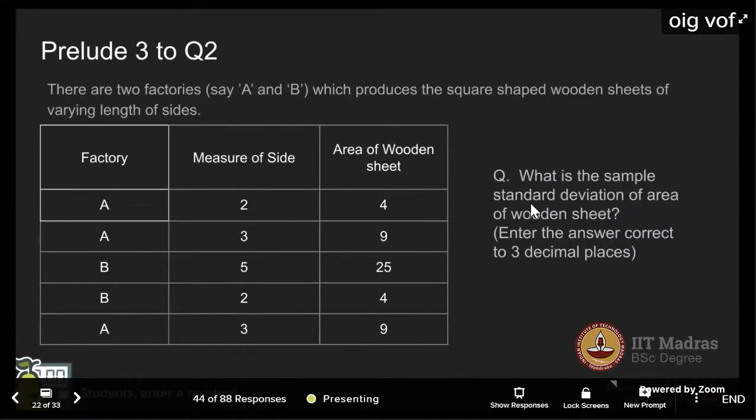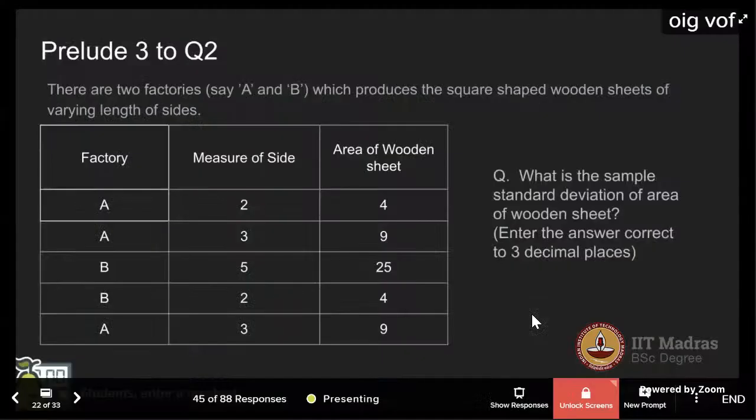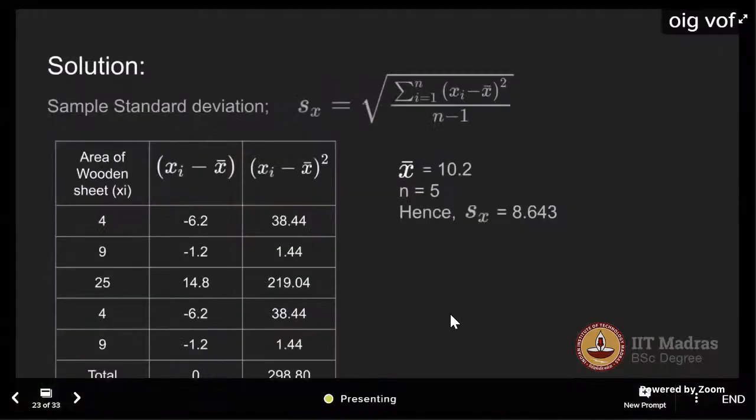For sample standard deviation, we just have to put in the values and calculate. Most of you got it close to 9. You have to calculate the mean, then the deviation of each observation from the mean, square it, add it, and then put it in the formula.